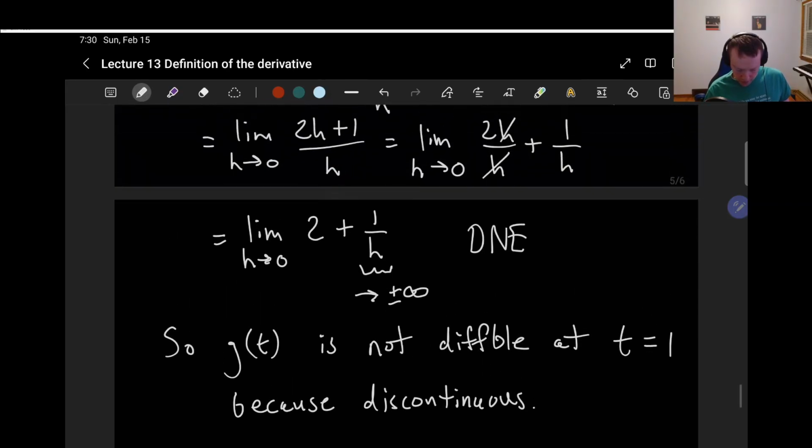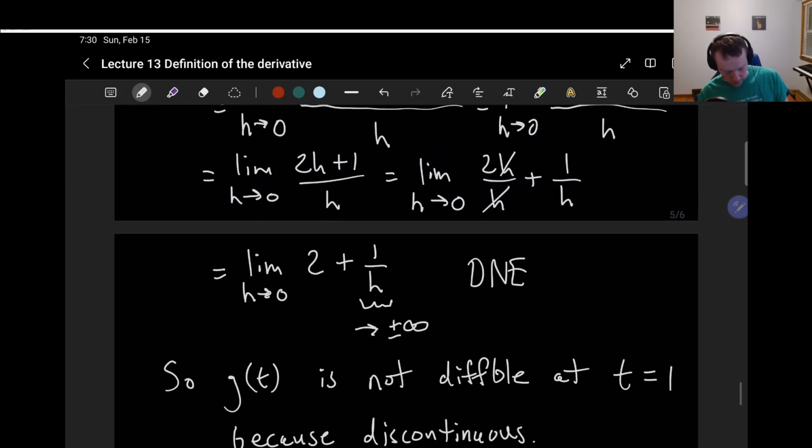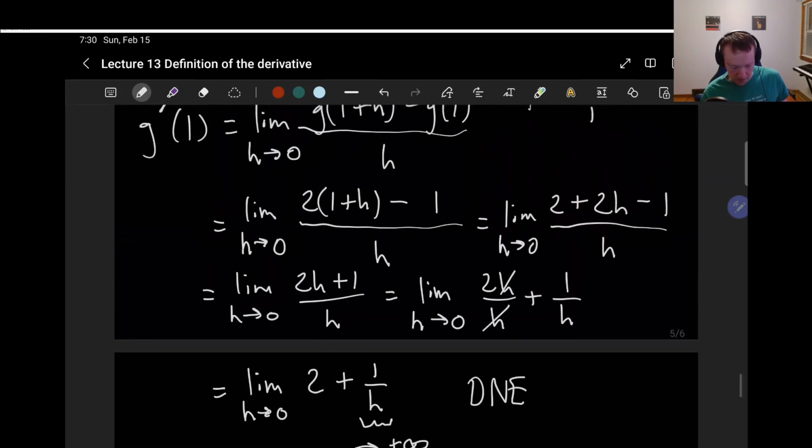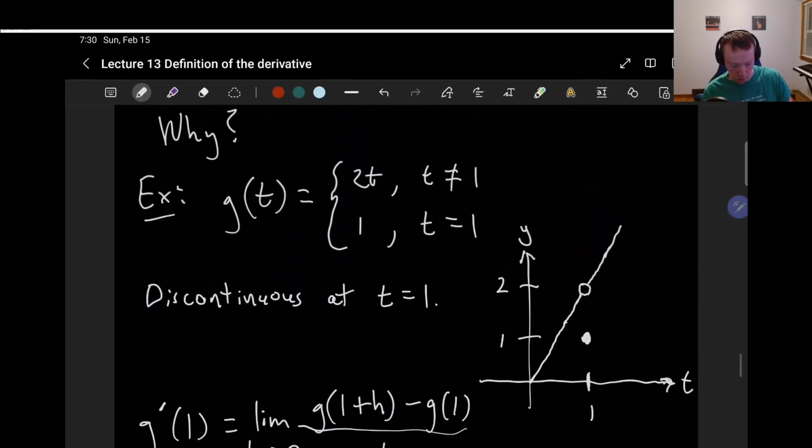If we were continuous, I'll just end with this. If we were continuous at that point, then what would have happened differently is that this would have been a minus 2 instead of minus 1, right? Because we just forced g of 1 to be 1 when it kind of wants to be 2 if we plug in 1 there.